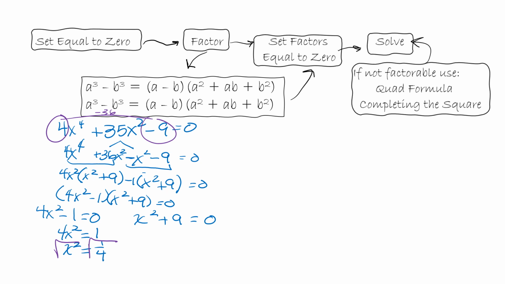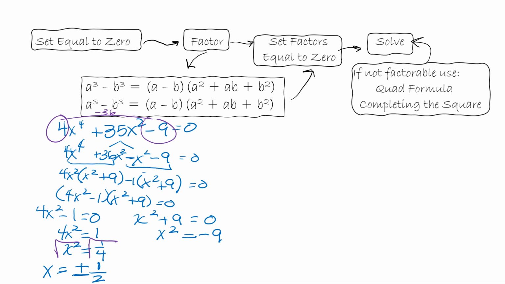So to do a fraction, right, the square root of 1 is just 1, and the square root of 4 is 2. So it's plus or minus. We have to remember both of those roots, 1/2. Okay. And then for the x squared plus 9, if I subtract 9, I get negative 9.